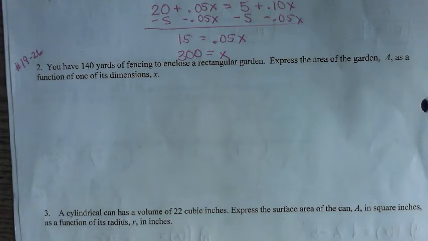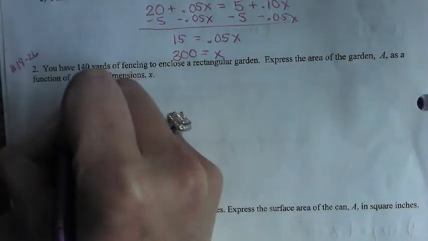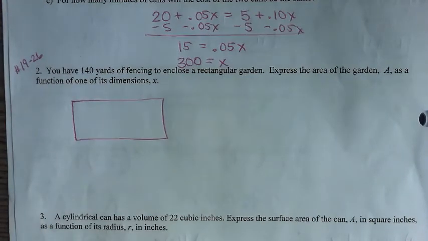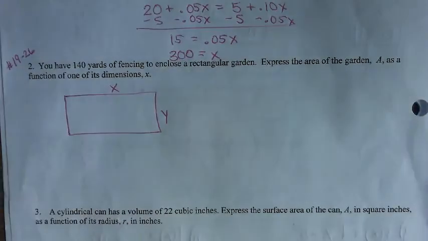So you have 140 yards of fencing to enclose a rectangular garden. So if you draw your garden and then label the dimensions X and Y, doesn't really matter how you do it. This is going to turn more into a system, you'll see. So just based on the fact that we have 140 yards of fencing, what equation could you write using X and Y to represent that, Lydia?